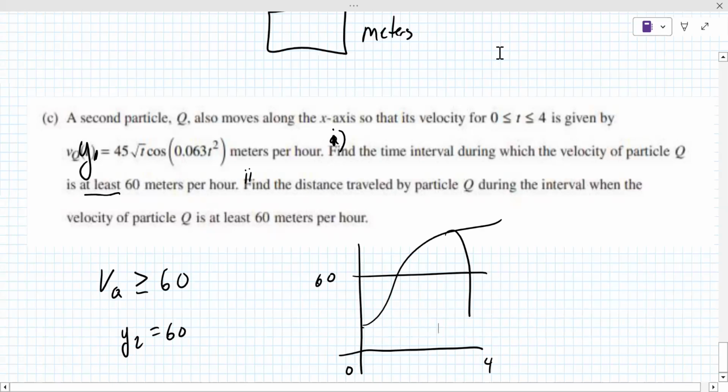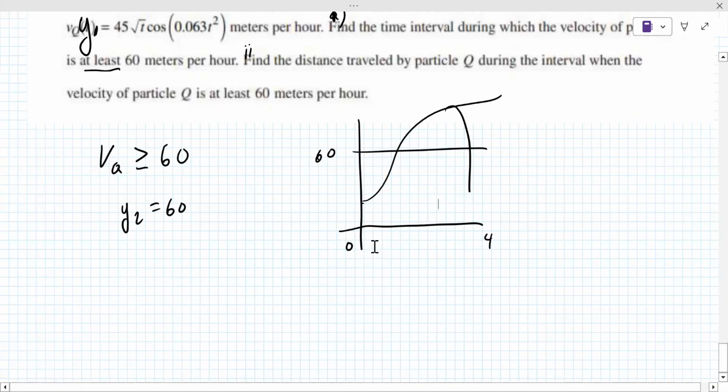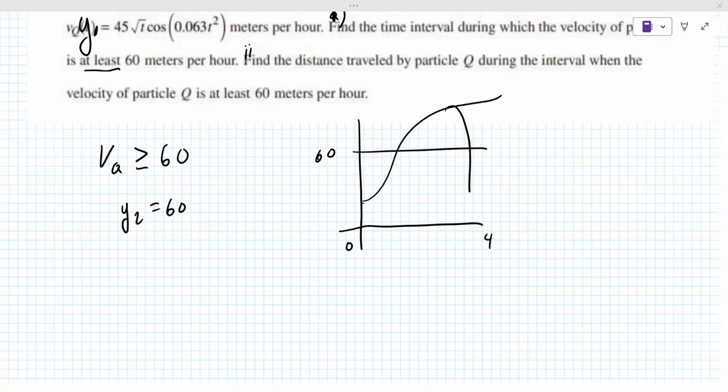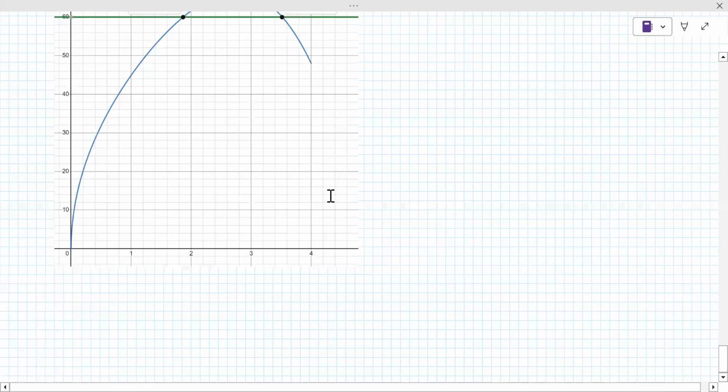Good, that's correct. Don't they intersect 3 times? You're only going from 0 to 4. That's the important thing: you cut off your graph, so you only get those two that are there, because you're right, it could go on forever. And then the other one is 3.52. Yes, good. So you get those two values, and that's part I.